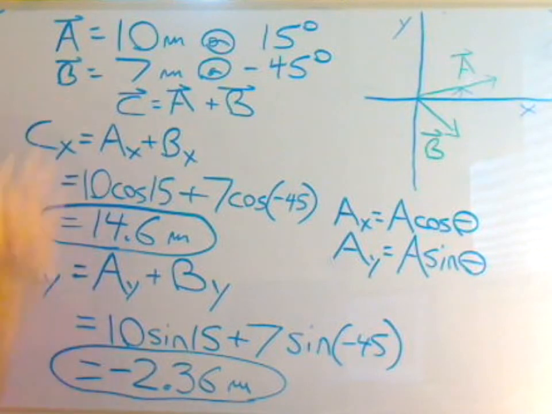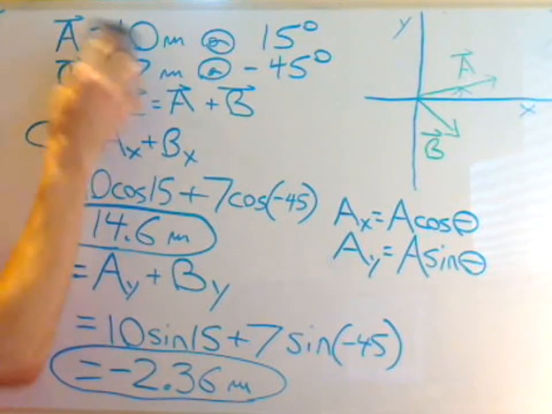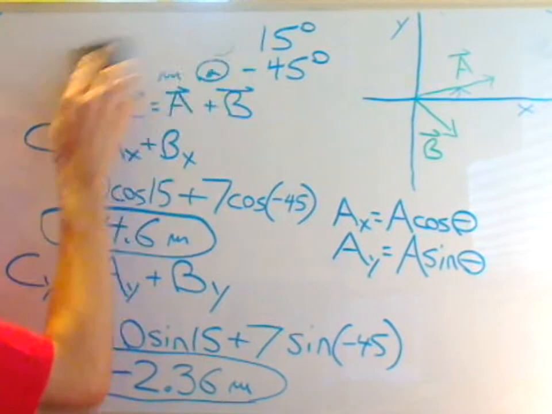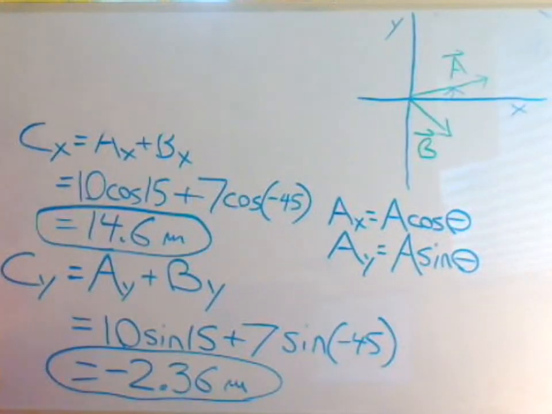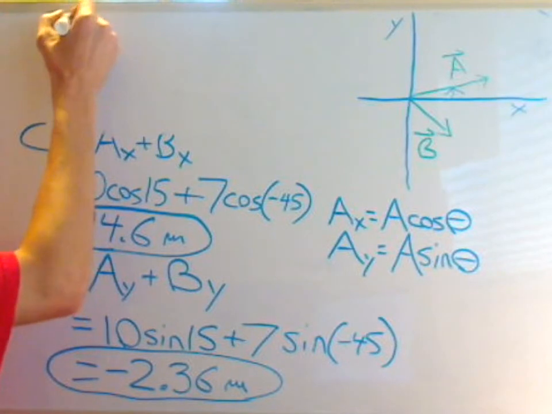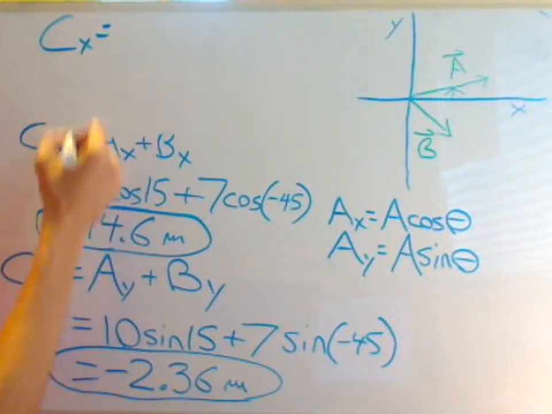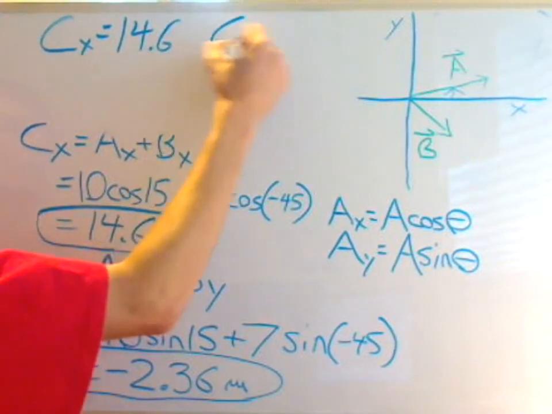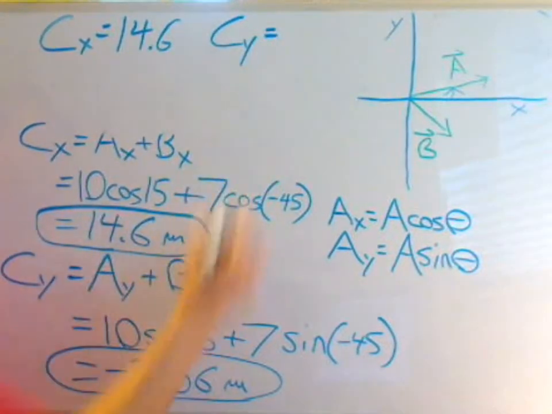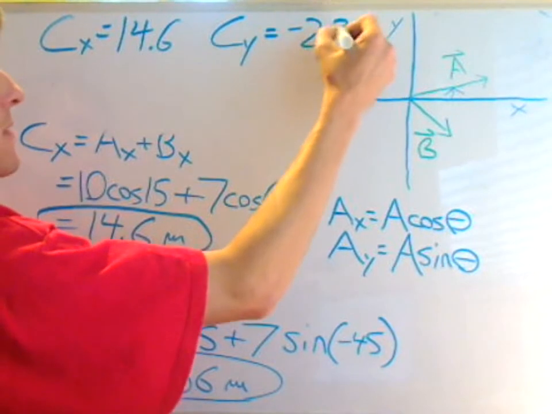Now let's go ahead and erase all this because we're going to need more space. Let's just keep those x and y components up here. So we have the result that Cx is 14.6 and Cy is minus 2.36.